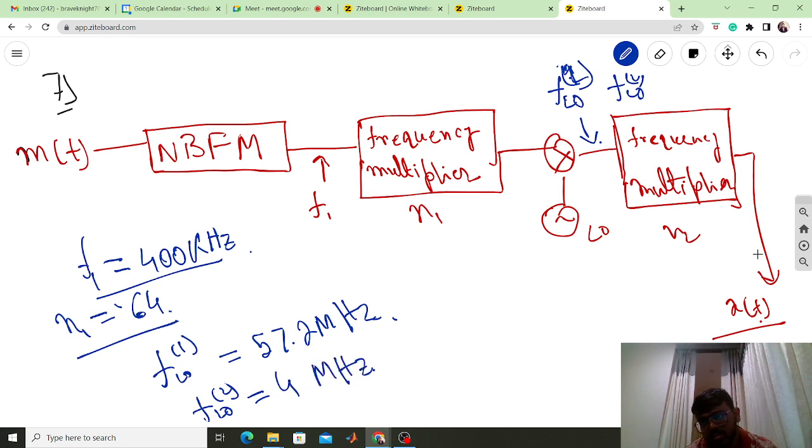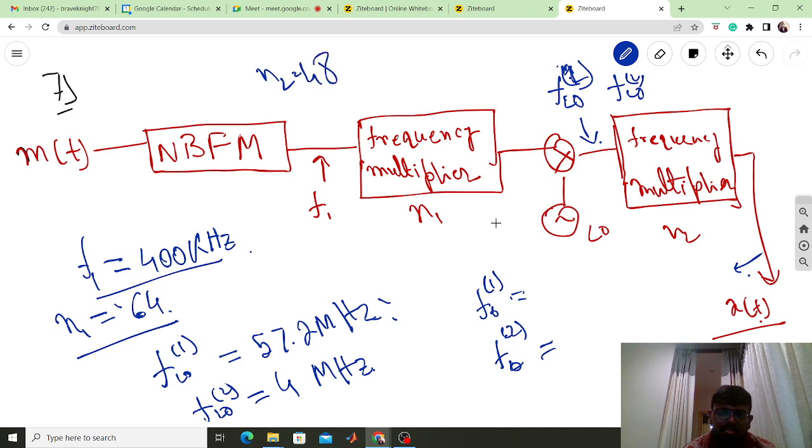Then here xt, and we say that the output, there will be two defined frequencies, and these two will be nothing but just multiplying these two by a factor of N2. The N2 was 48, so just a multiplication by 48 of these two factors.